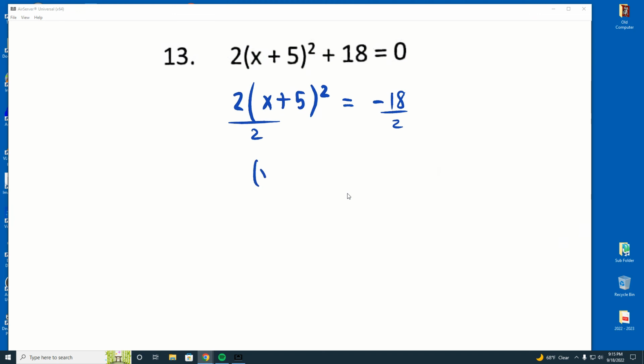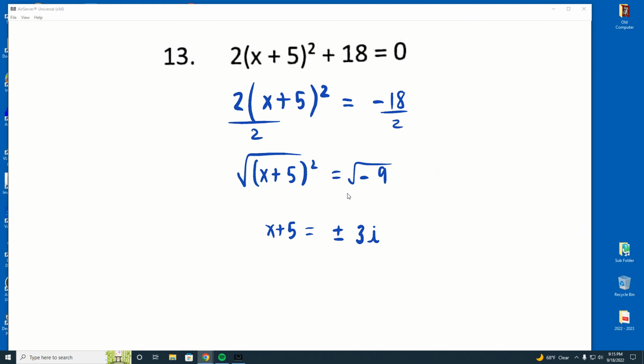That moves it away from x plus 5 squared, which is really what we should want to do because we're trying to get x alone. So that's negative 9. Now we're ready to take the square root of both sides. x plus 5 is left on the left side. We add plus or minus on the right. Negative comes out as an i, and the square root of 9 is 3. So plus or minus 3i.